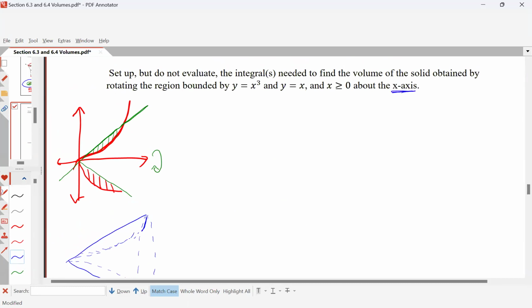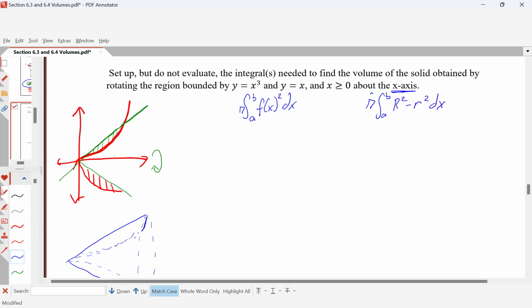We're going around the x-axis. So the disks method says we're going to be in terms of x, and we're looking at pi times the function squared dx. And in the last video, we had the idea of the washer method, which is pi integral of the big radius squared minus the little radius squared.